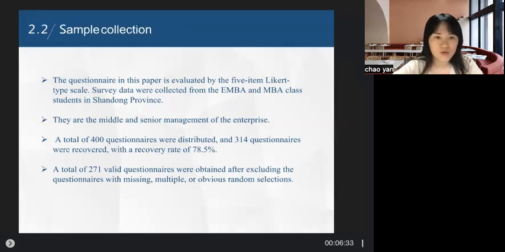A total of 400 questionnaires were distributed, and 314 questionnaires were recovered, with a recovery rate of 78.5%. A total of 270 valid questionnaires were obtained after excluding the questionnaires with multiple missing answers or obviously random selections.